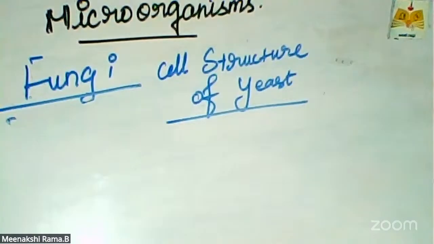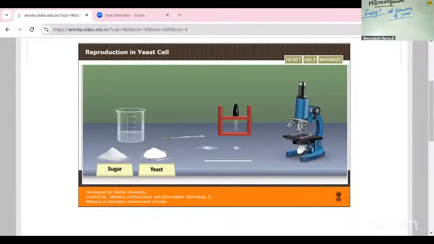Now I'm going to explain the reproduction of the yeast cell, how the yeast is reproduced. With the help of the simulation, I'm going to explain how the yeast is reproduced. So what is this? Yes, this is called a microscope.